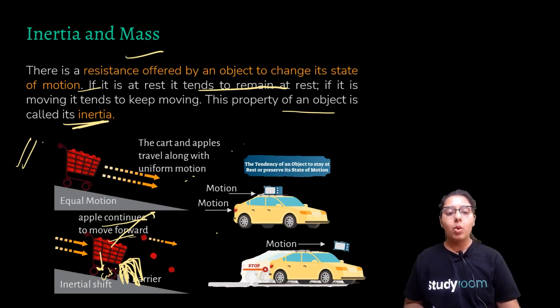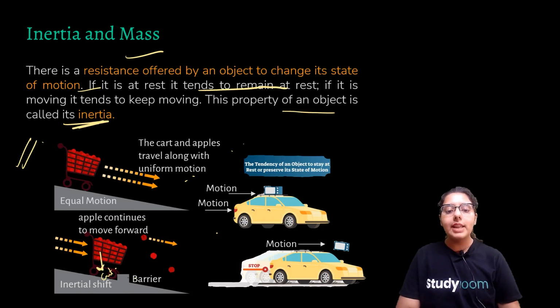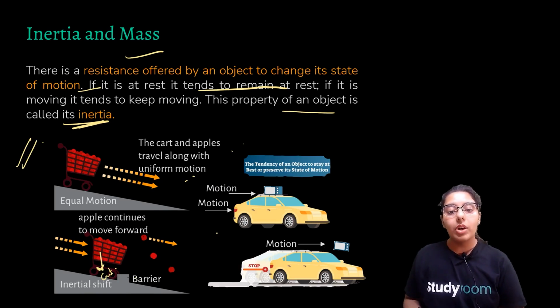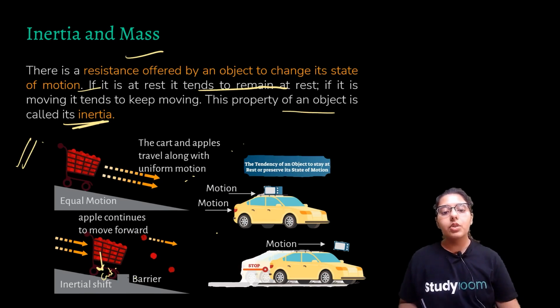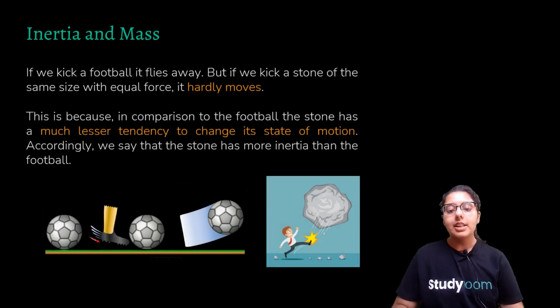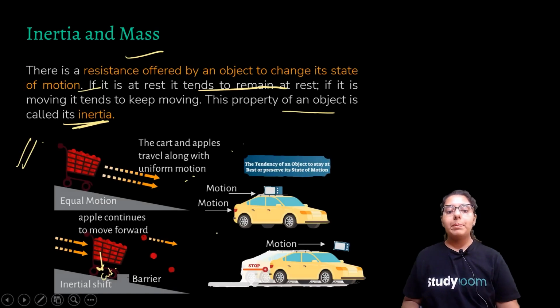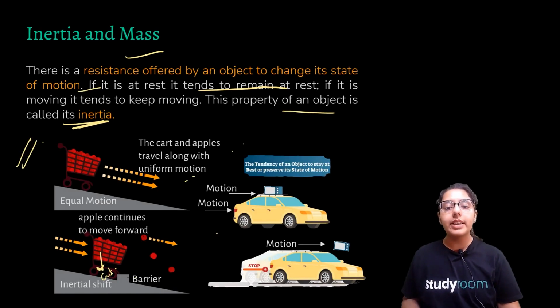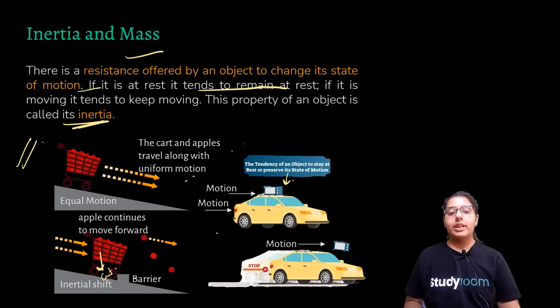Let's see one more case. For example, you see this car. It is already in motion and this radio is also in motion with the car. What will happen if your car is suddenly stopped, if brakes are applied? The radio, which is placed over the car, is in motion, right?